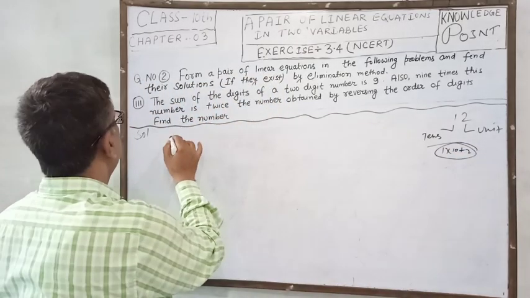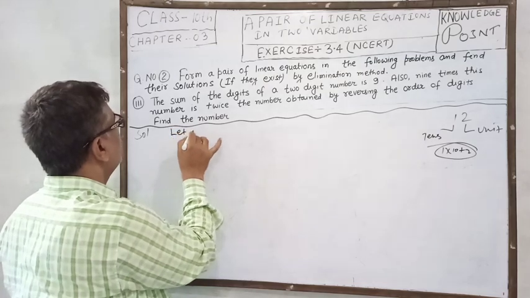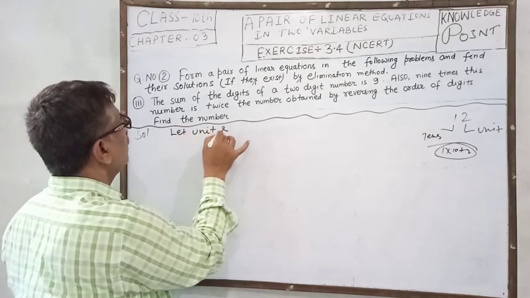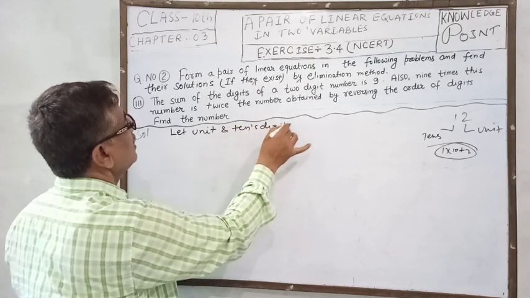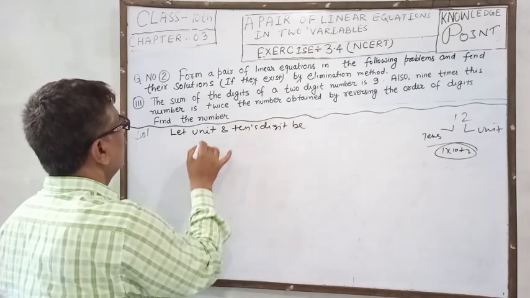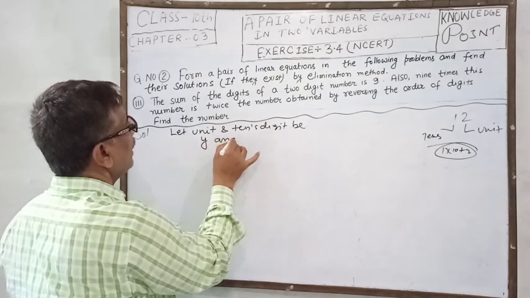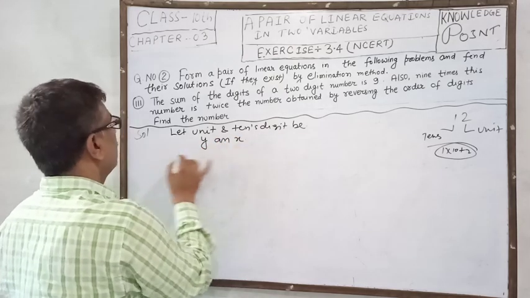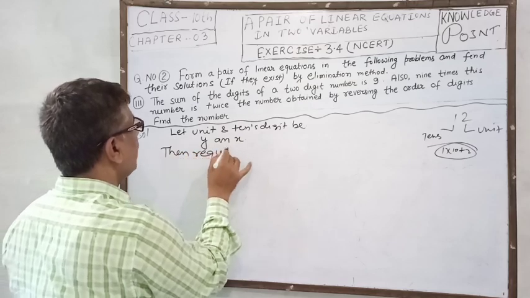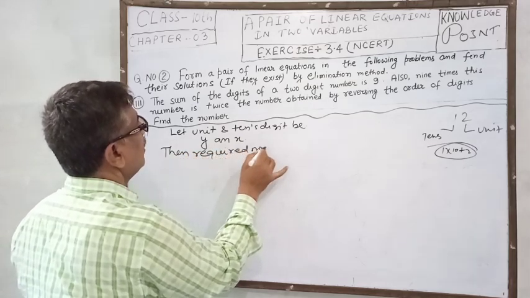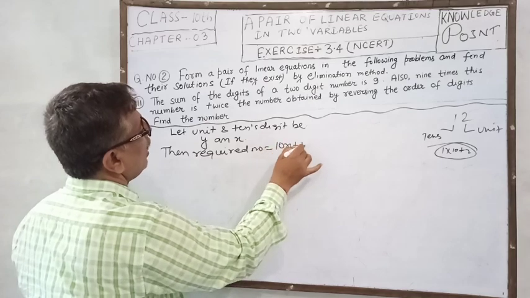In this way, let the unit and tens digit be Y and X. Then the required number equals 10x plus y.